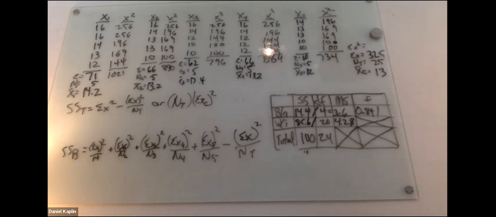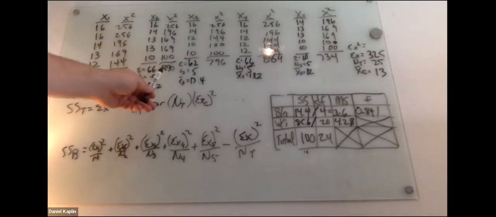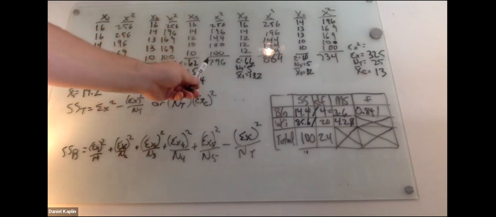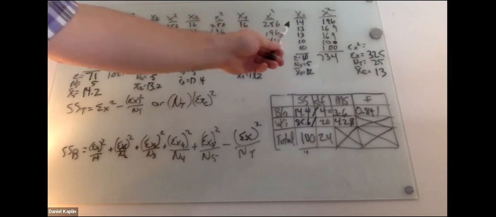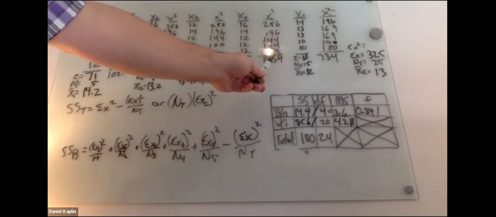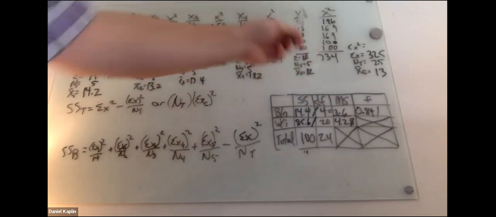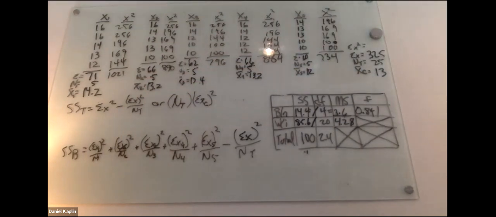What is the sum of x squared? We have to add 1,021 plus 890 plus 796 plus 884 plus 734. Now, if we add all of that up, what do we get?